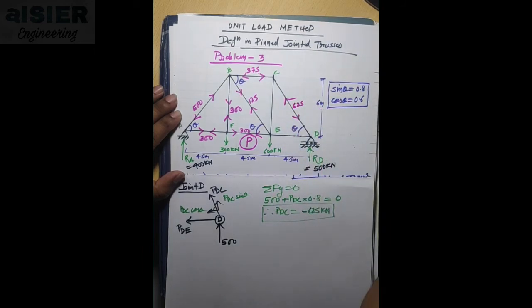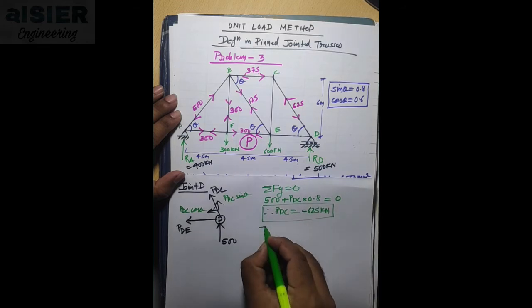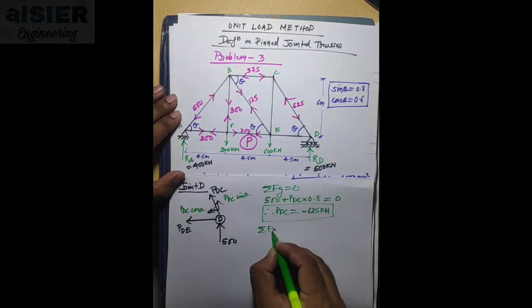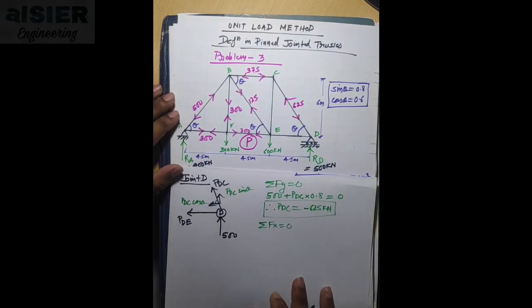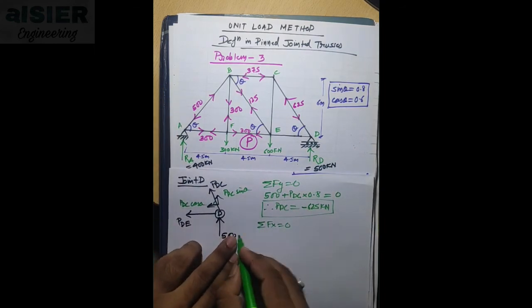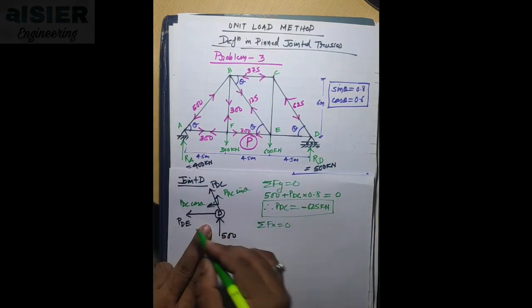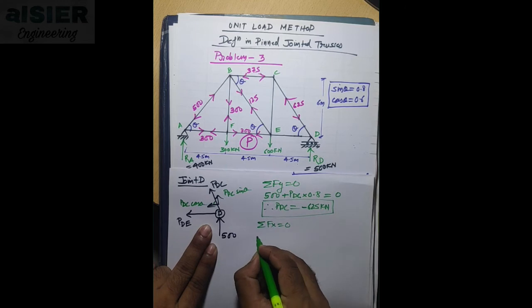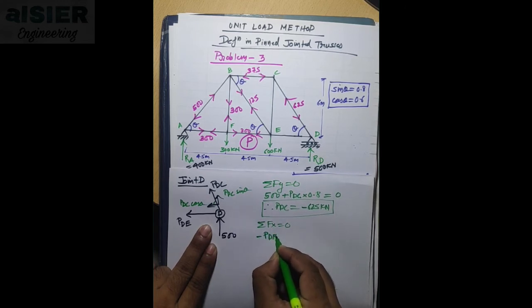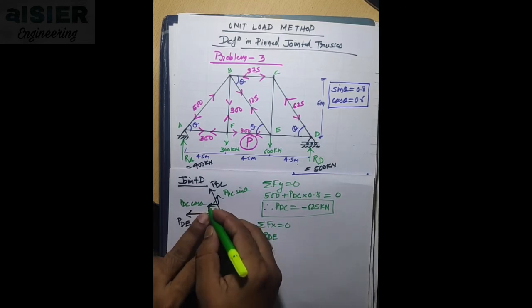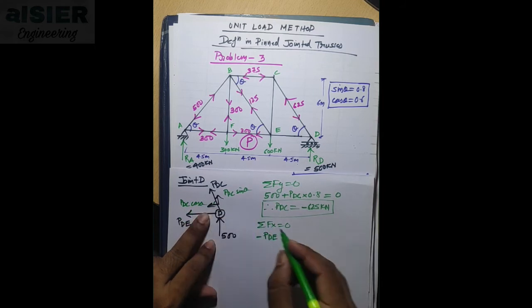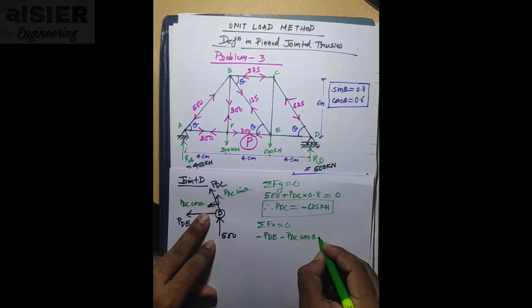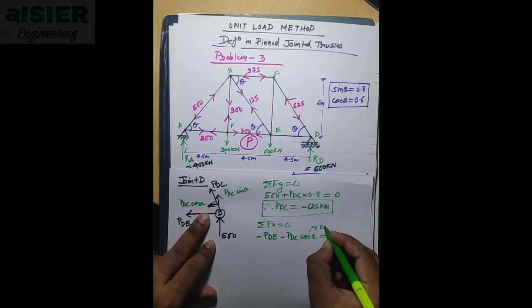Then we will do summation of Fx. PDE is going towards left, so minus PDE, and PDC cos theta is also going towards left, so minus PDC cos theta equals 0. Now this cos theta is nothing but 0.6.